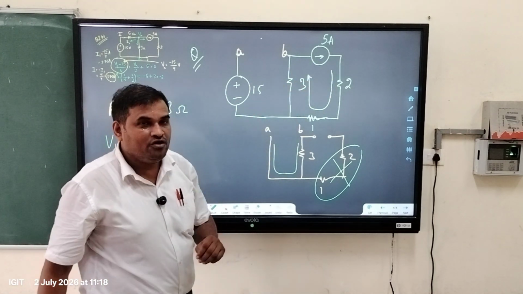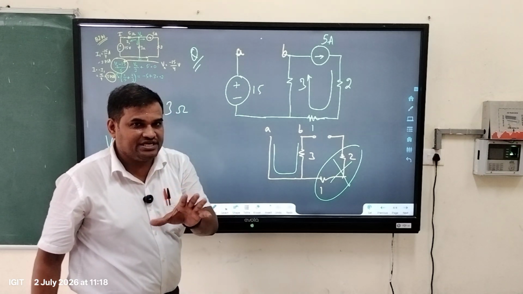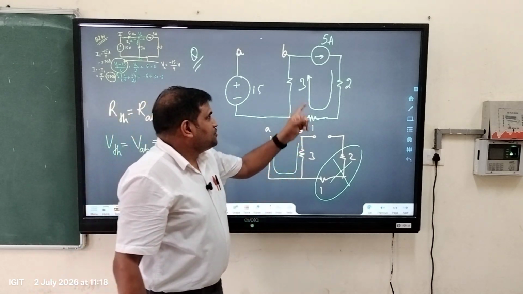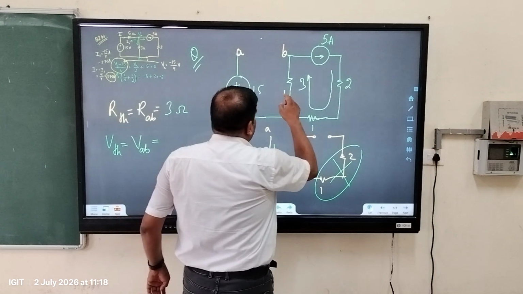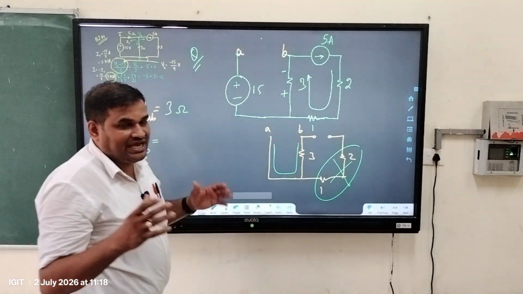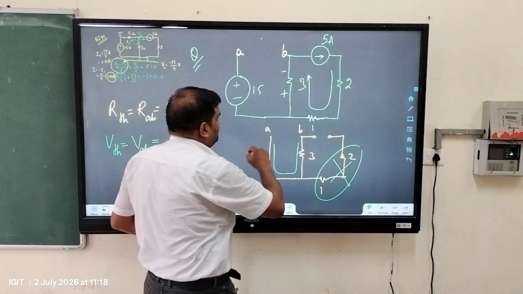So the current is flowing in this wire. How much current will flow? 5 ampere. Other current will not flow because the current source is there, 5 ampere. So current is flowing from the lower to top. So you can say the sign across the resistor will be like this. And how much current? 5 ampere.